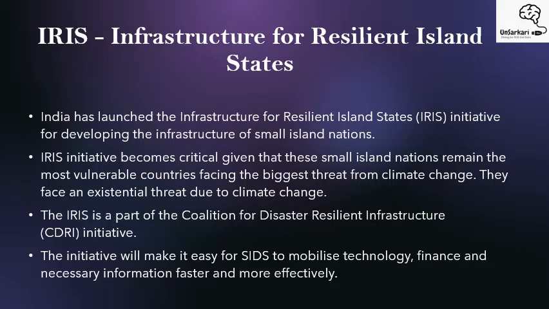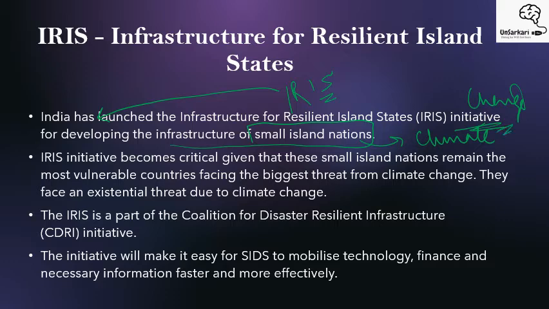Infrastructure for Resilient Island States, IRIS. India has launched the Infrastructure for Resilient Island States initiative for developing the infrastructure of small island nations, so that they have minimum impact of climate change, because they are the ones who are going to bear the brunt in the beginning.